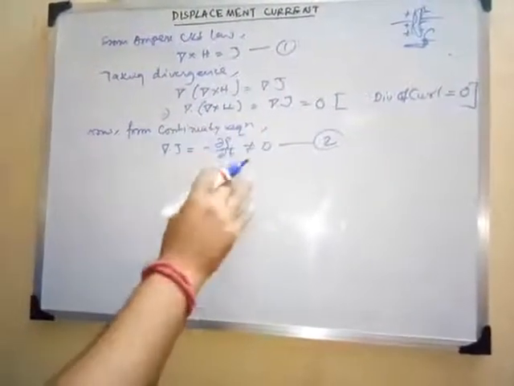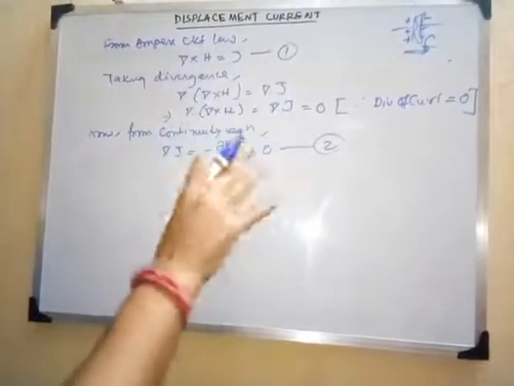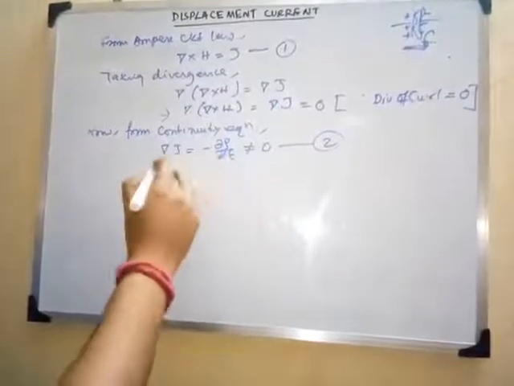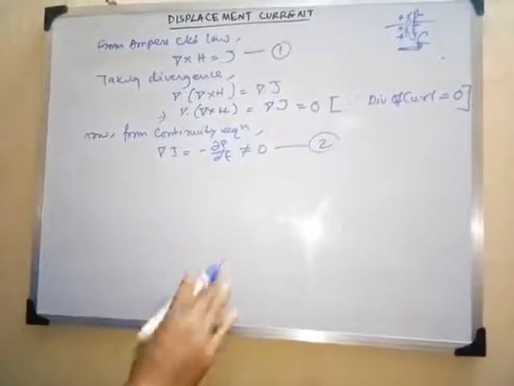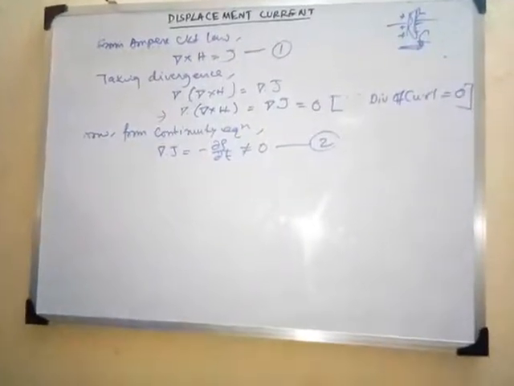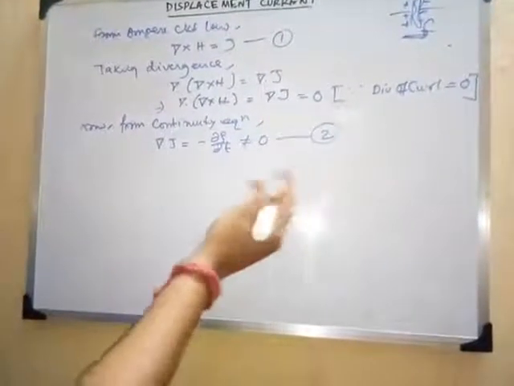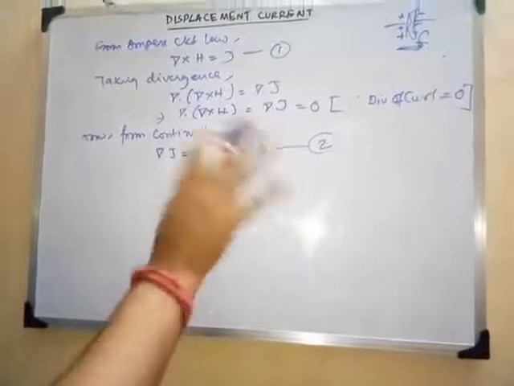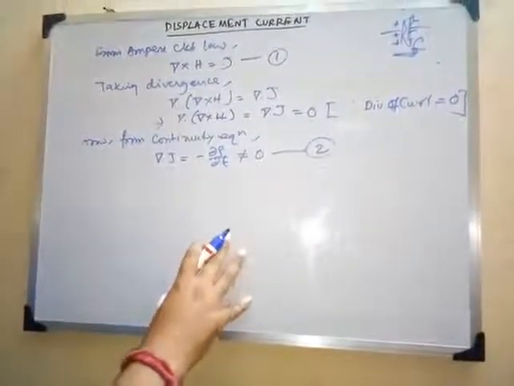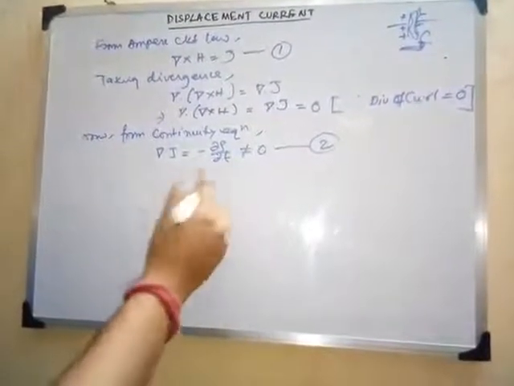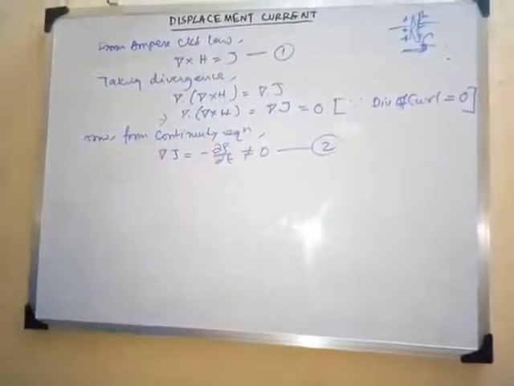If there is some charge present in the volume, the continuity equation will be related like this, which is unequal to 0. It will be 0 only where rho is not present, that is the steady state case. For the time varying case, this will be the continuity equation.